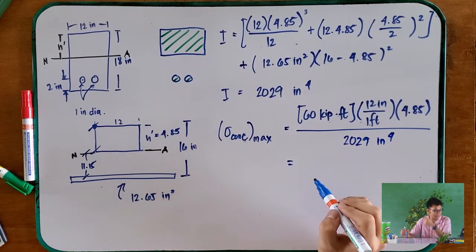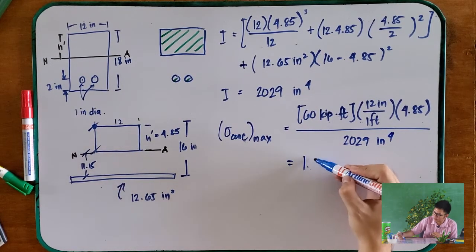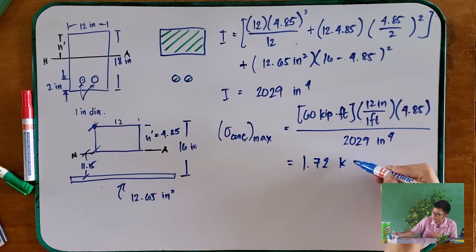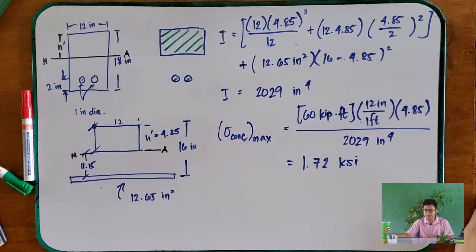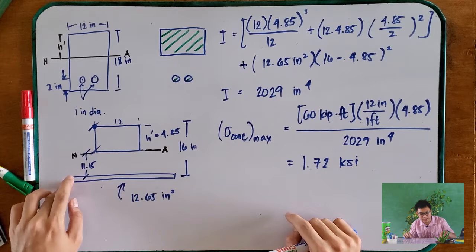Therefore, that is equal to 1.72 kips per square inch.